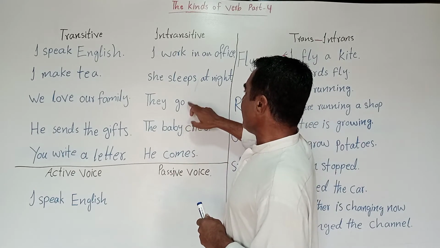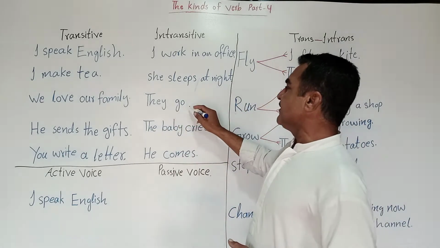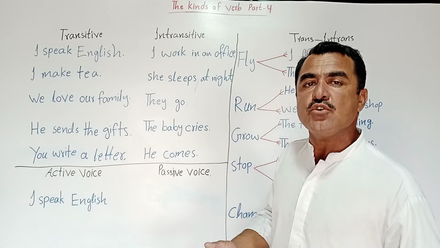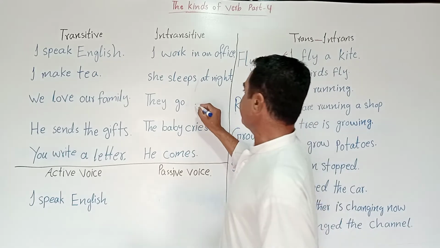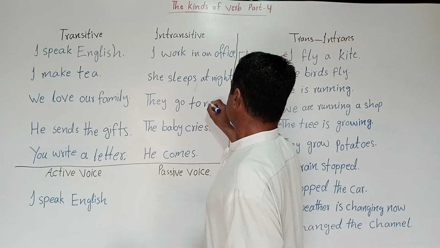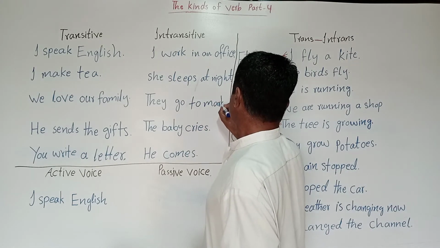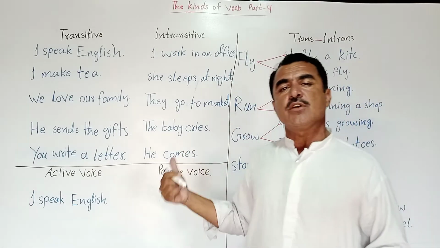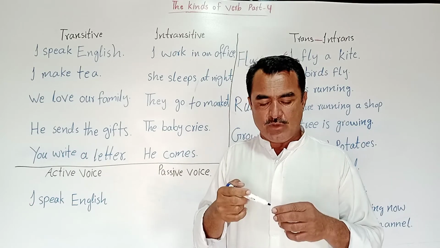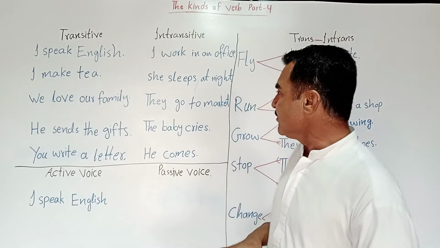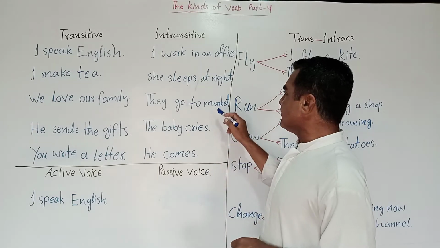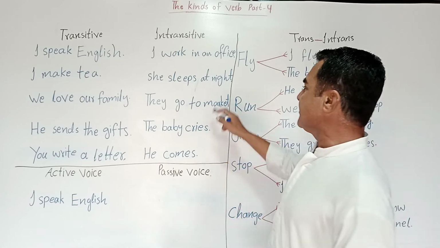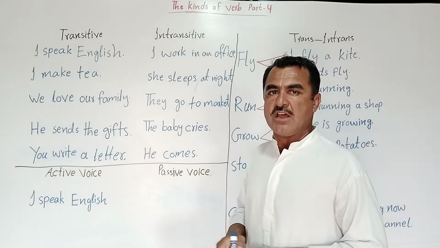If we talk about this, they go what? They go who? If we add they go to market, now to market is an adverb, showing the place. If you say, sir, it is taking an object, I want to tell you once again that this object is for the preposition, not for the verb.